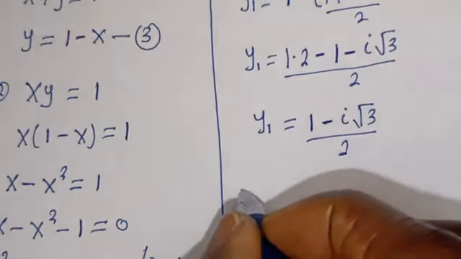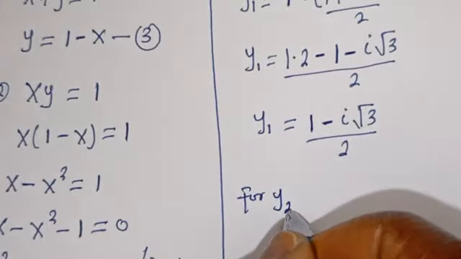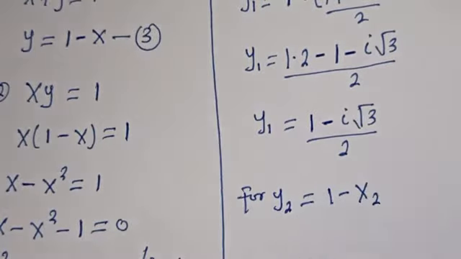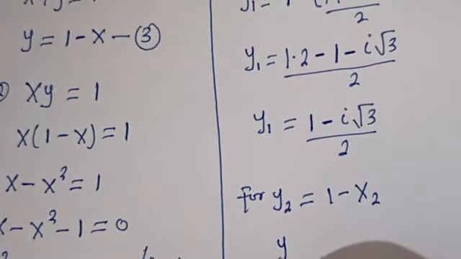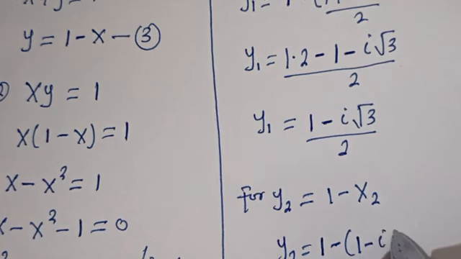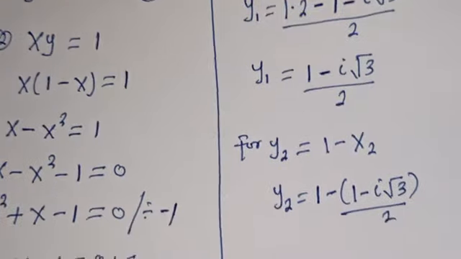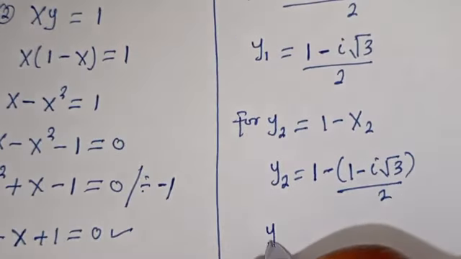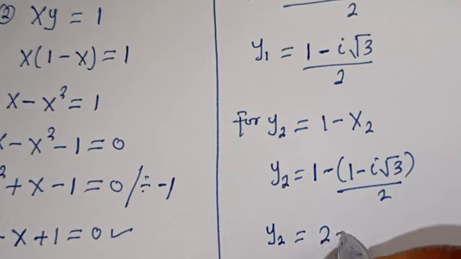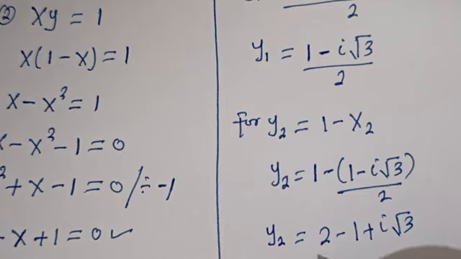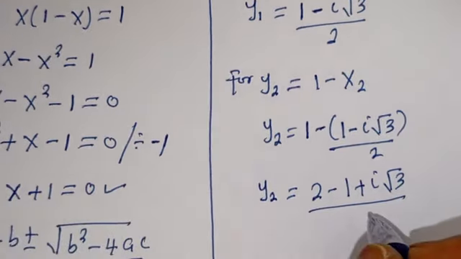Also for y2, this is equal to 1 minus x2. Then y2 is equal to 1 minus bracket x2, which is 1 minus i square root of 3 divided by 2. y2 is equal to 2 minus 1 plus i square root of 3 divided by 2.